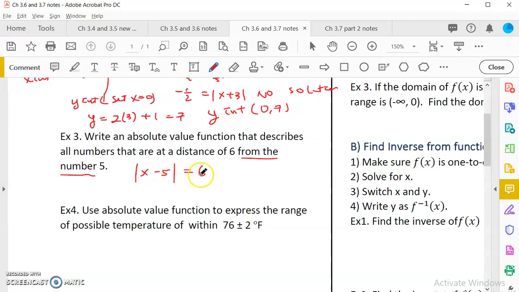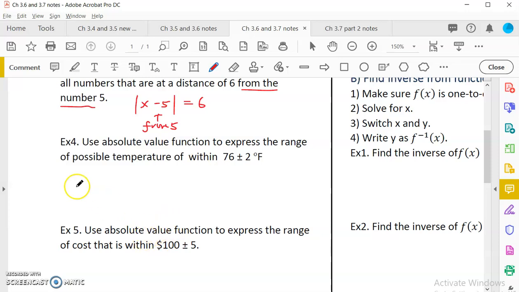So this is an equation. I don't think it is a function, but this describes numbers that are 6 distance from 5. So from whatever number, that is equal to the distance.